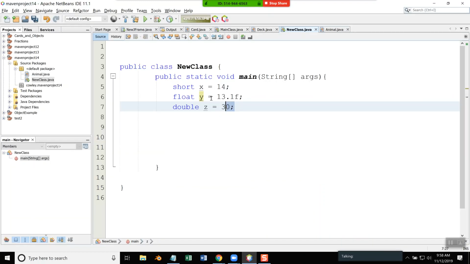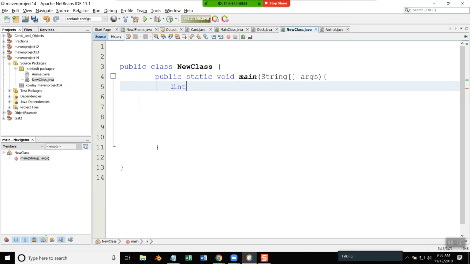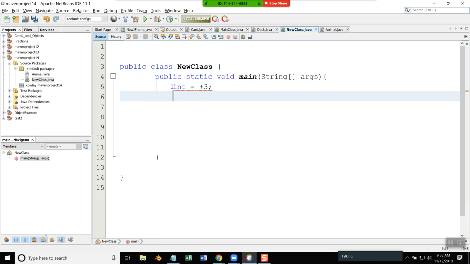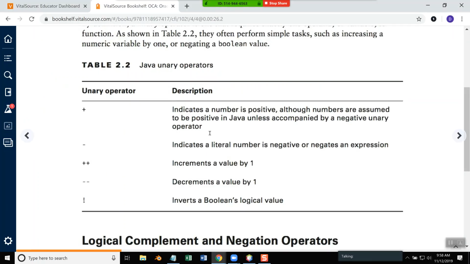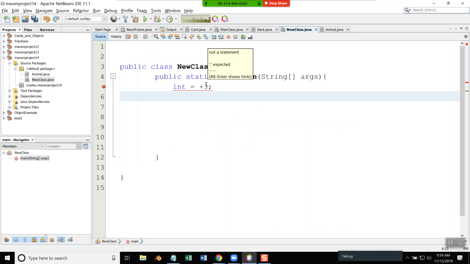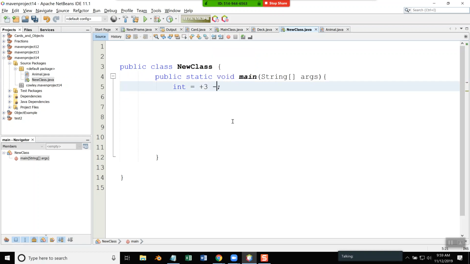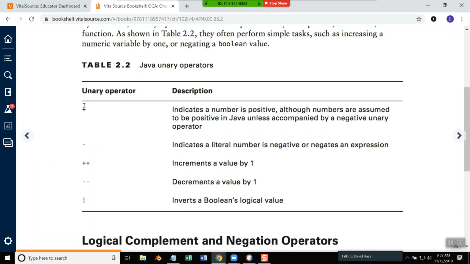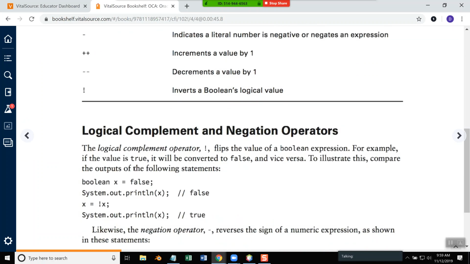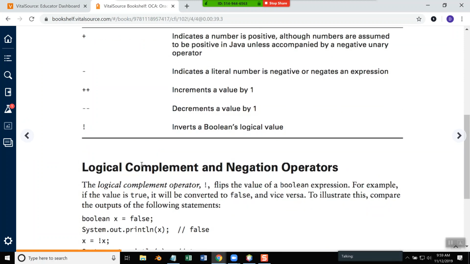I don't think I ever tried that. Indicates a number is positive, though numbers are assumed to be positive unless accompanied by a negative. All the rest of these I've seen, but I've never seen a plus. Indicates a number's positive. It doesn't work for me though.